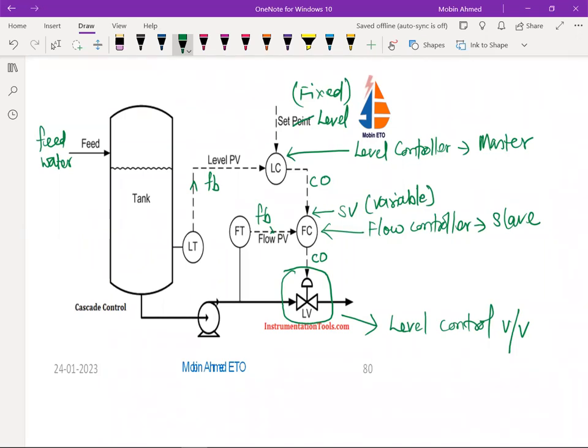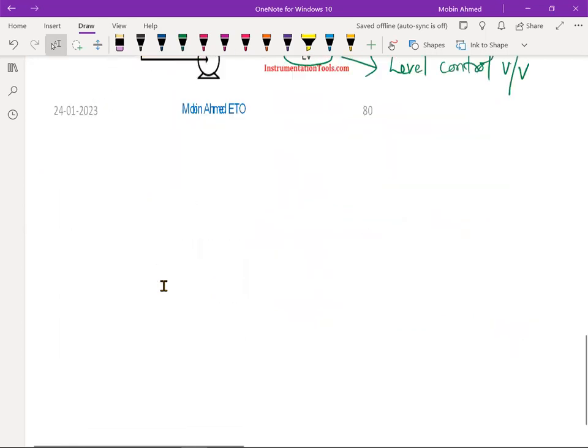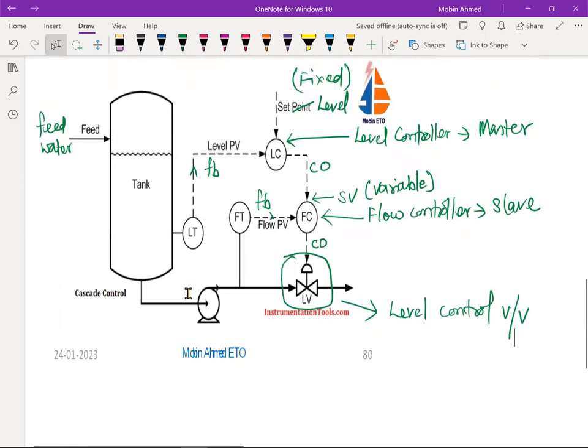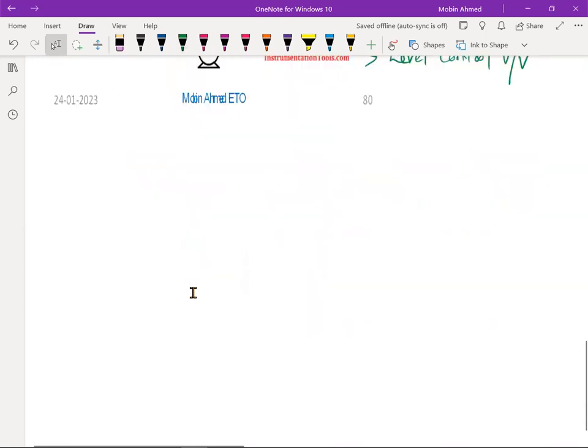Now feed forward. Feed forward is generally used. Now these all are the feedback control, okay? But there is one more control that is used along with the feedback control. There is a feed forward control also.